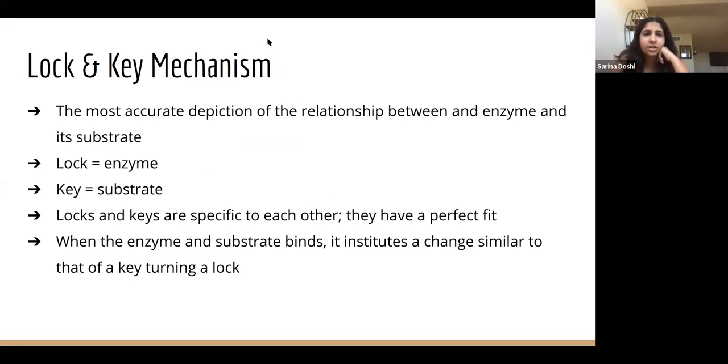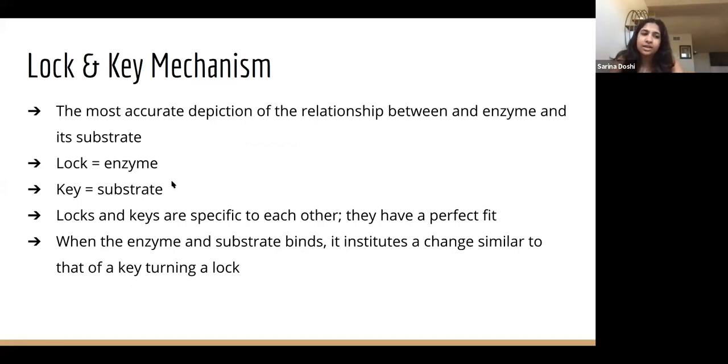So let's talk about the lock and key mechanism. This is the most accurate depiction of the relationship between an enzyme and its substrate. So in this analogy, we'd have the lock being the enzyme and the key being the substrate. So a lock, if you think about something that you might have on your door, it's got a whole bunch of gears within it.